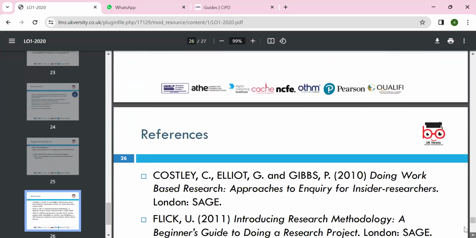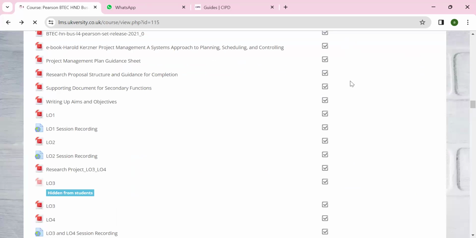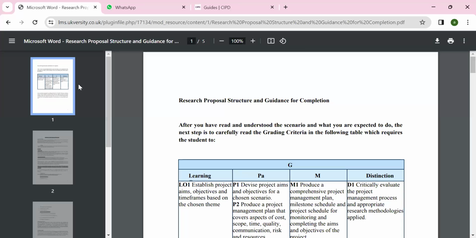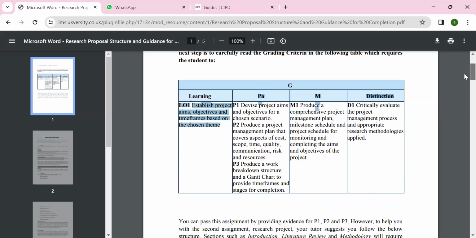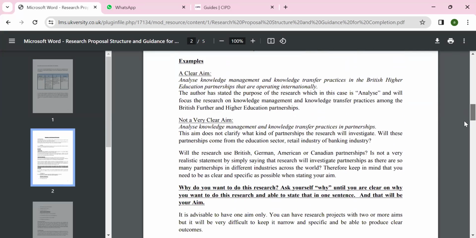You can look at these, please, and you've been given the recommended reading. Here you've been given the project plan, research proposal, structure, and completion guidance. So establish the project aims and objectives of the team, to pass P1, P2, P3, and produce clear aims and objectives.